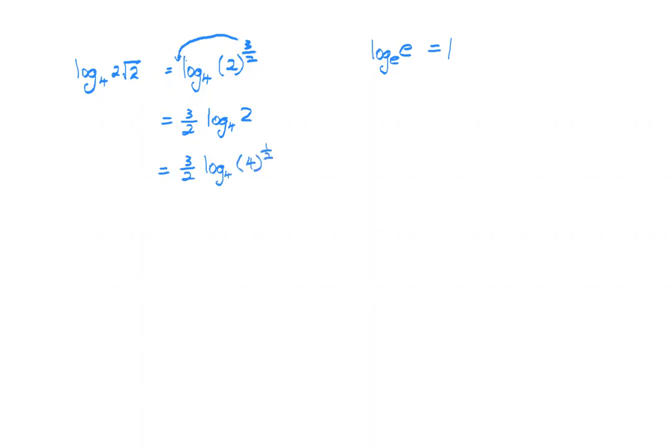Agree? 2 is equal to √4. So this will be 3/2 times half log base 4 of 4. This is 3/4 times 1. So I got the answer. Okay, done. Whatever issue that you are asking, I've settled it for you.